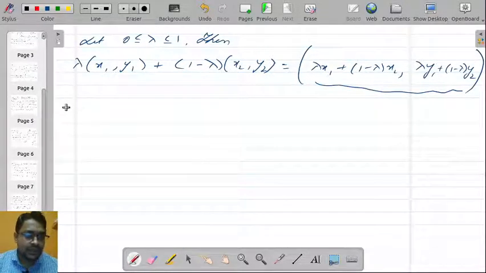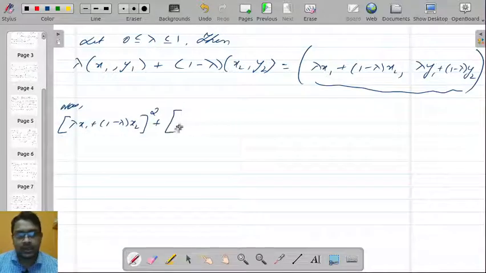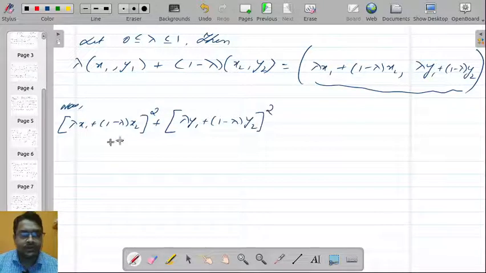So let us compute that. Now this square: (lambda x1 plus 1 minus lambda x2) square plus (lambda y1 plus 1 minus lambda y2) square, what is this equal to?